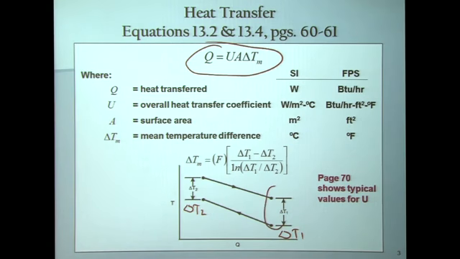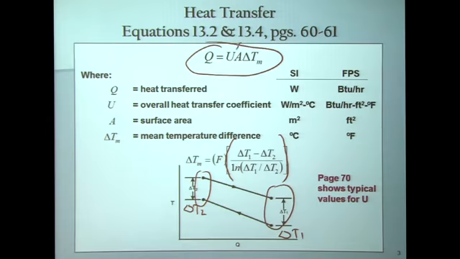This is called the cold approach, and this is called the hot end approach. We use this log mean temperature difference in order to get an average temperature difference between the two streams. This rate equation is the guiding principle to determine the area of a heat exchanger.